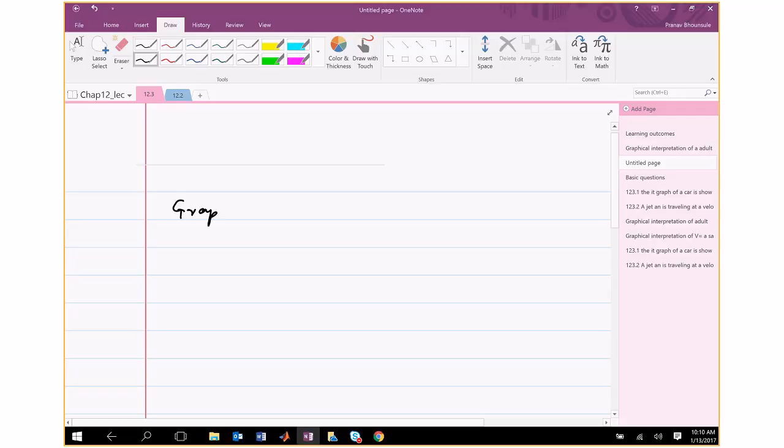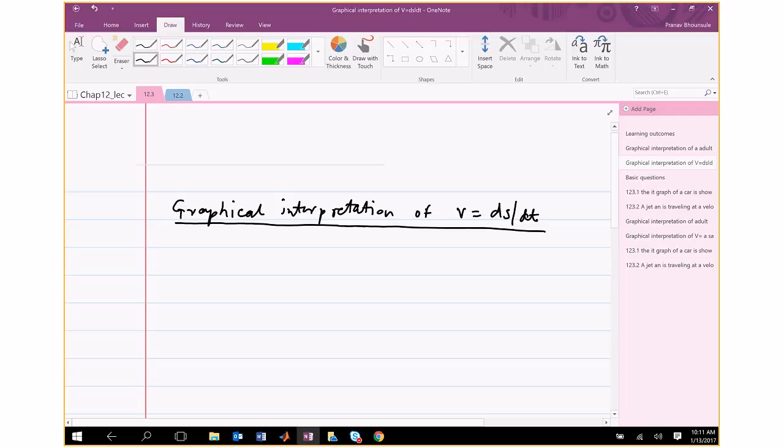And this is very similar to the previous thing I just talked about, graphical interpretation of v equals ds dt. So v is ds dt, which is nothing but the slope of the st graph or the position time graph.